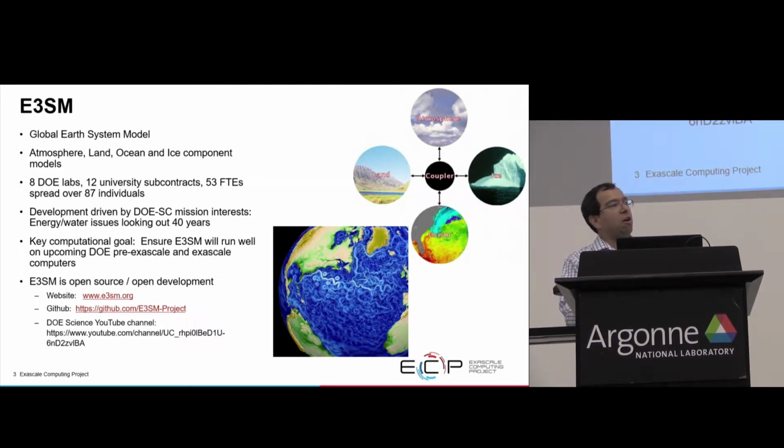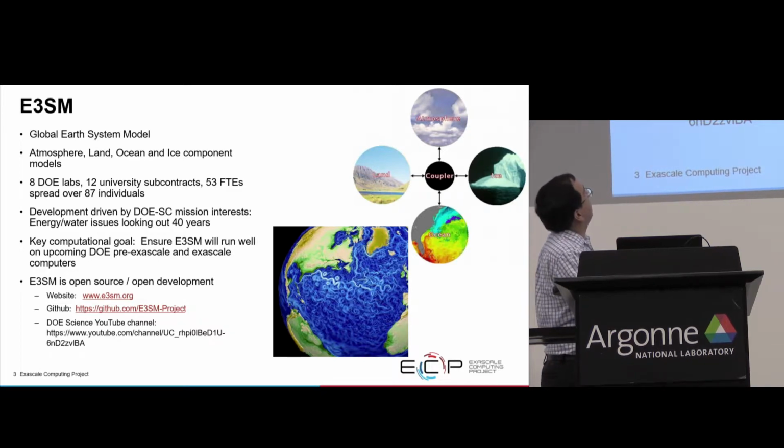On the ECP project, we have 8 of the DOE labs and a number of university subcontracts. We're spread over 53 FTEs, 87 individuals, because some of us are just part-time.